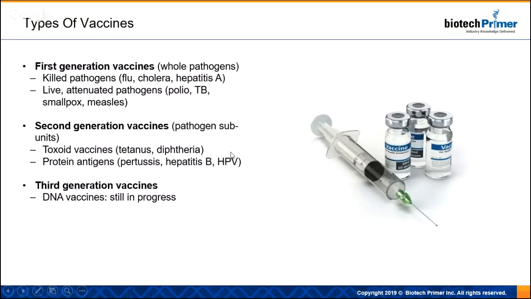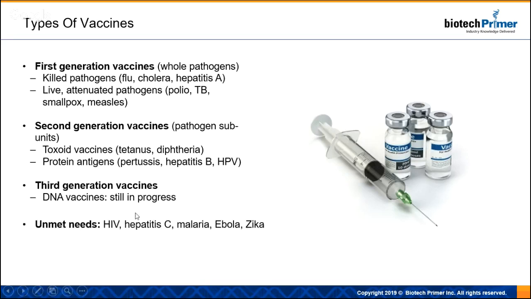Gardasil is made against one of the surface proteins on that virus. Third generation vaccines, still in development, we haven't quite been able to bring those to market, are DNA vaccines. And we'll talk a little bit more about that on the next slide.